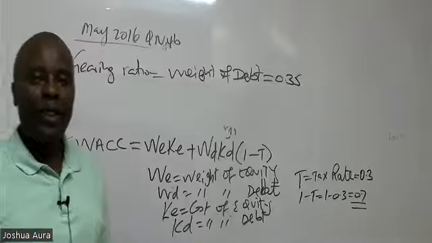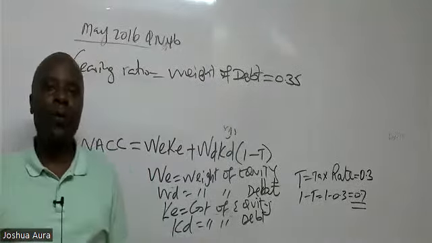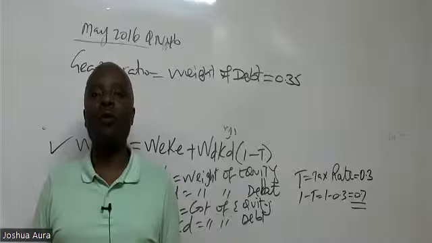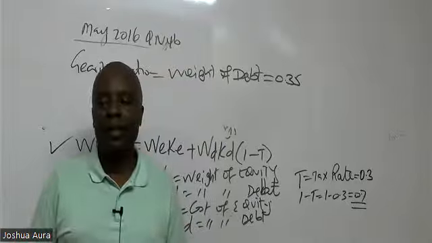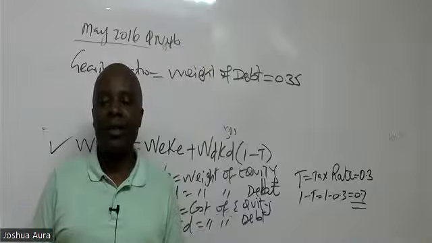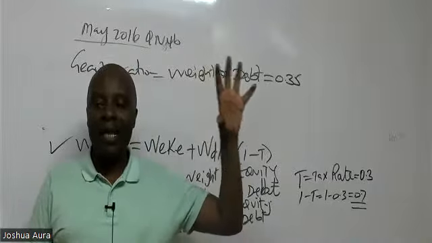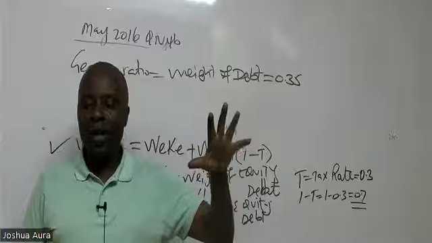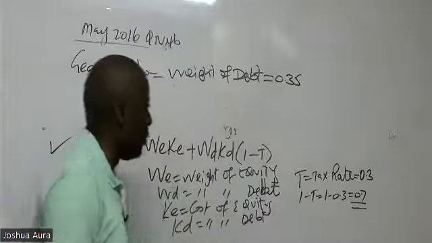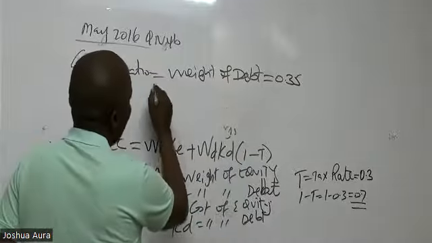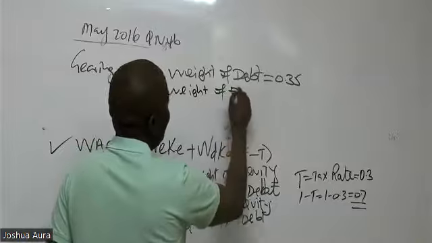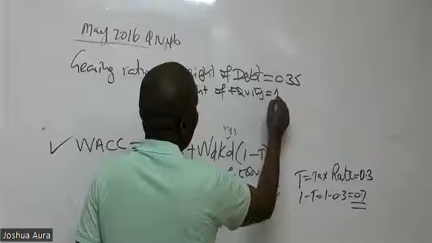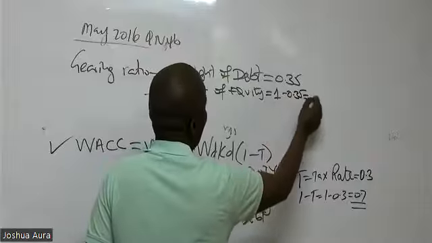So if the weight of debt is 0.35, what do you think will be the value of the weight of equity? Hey, please wake up. Look at me nicely. If the weight of debt is 0.35, then the weight of equity will be 1 minus 0.35, which will be 0.65.